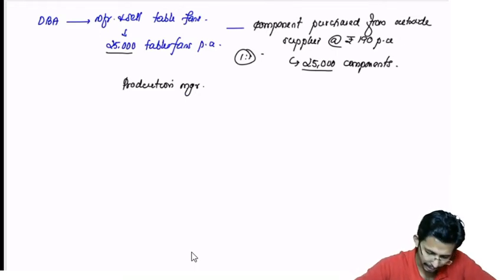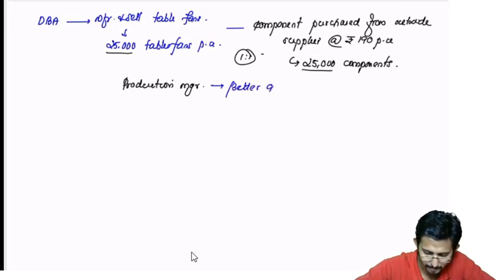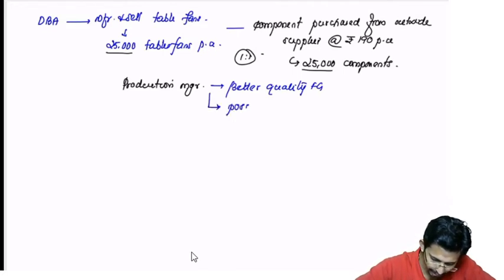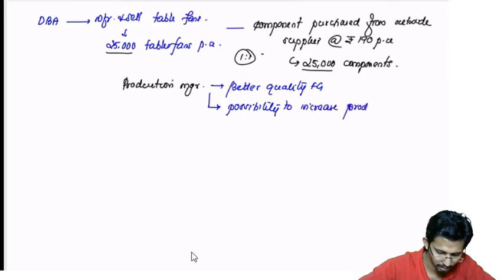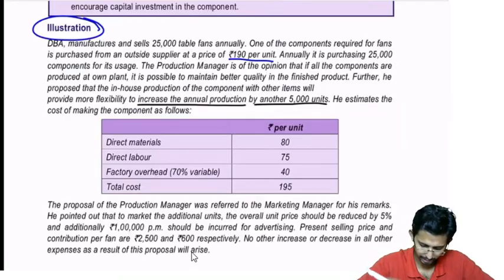He says that we can also manufacture this particular product in-house. So there are two advantages. One is better quality finished goods. And the second one will be the possibility to increase production to 30,000 units, so an increase by 5,000.